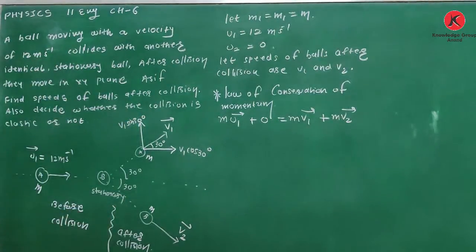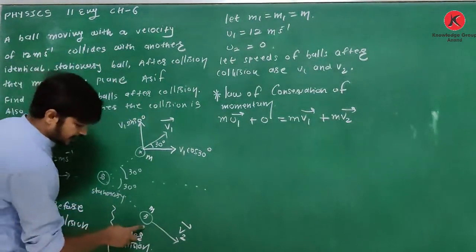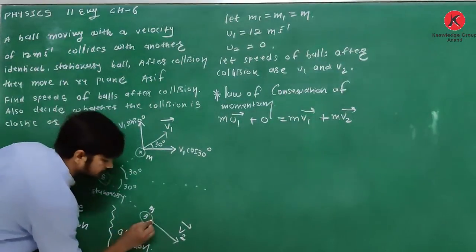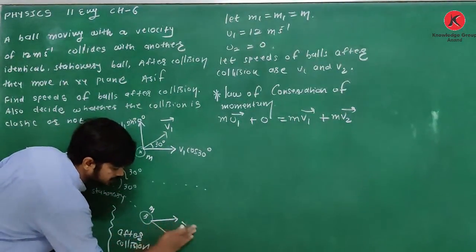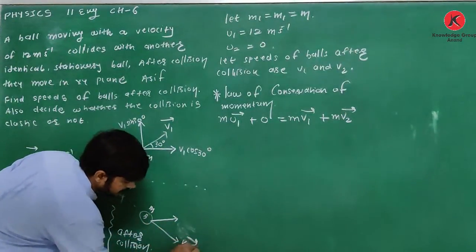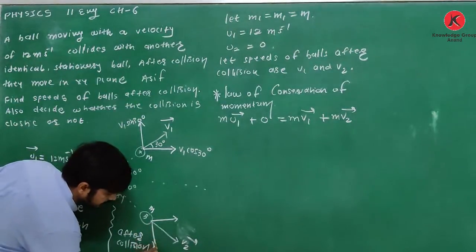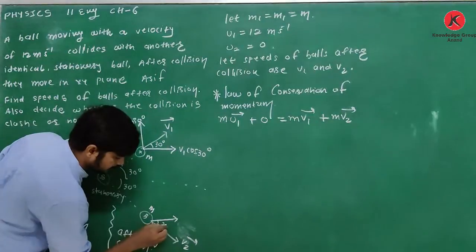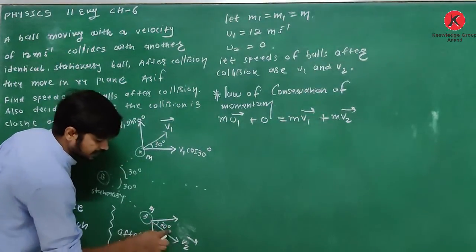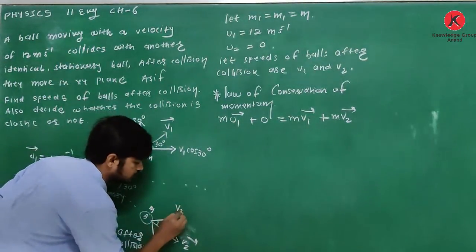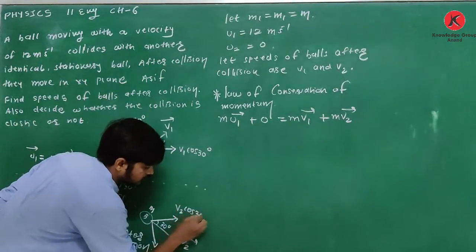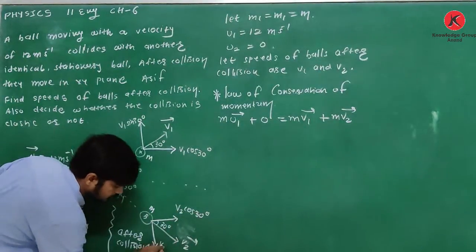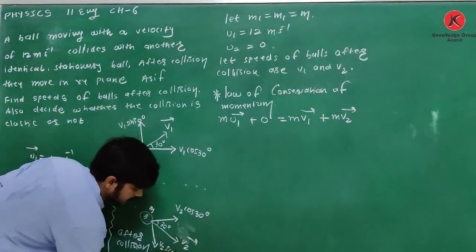Similarly, I will resolve v2 into two components, one in this direction and another in this direction. Again, as this angle is 30, this angle will also be 30. v2 is making an angle of 30 with this component, so the components are v2 cos 30 and v2 sin 30.